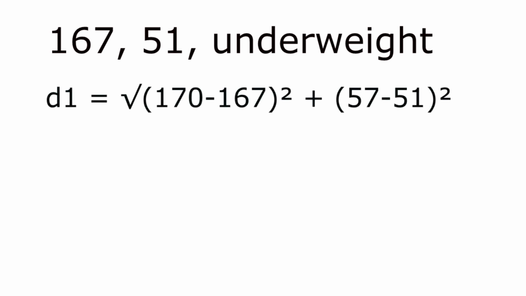So we will calculate the Euclidean distance of this one. d1 is equal to the square root of (170 minus 167) squared plus (57 minus 51) squared, which is equal to 6.7. And so we will get the Euclidean distance of the other points just like what we did with this one.